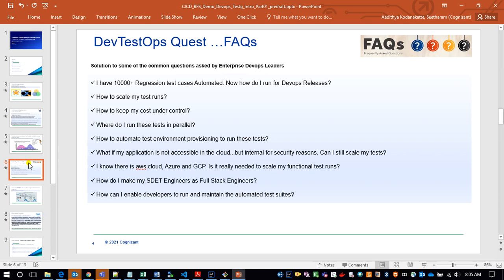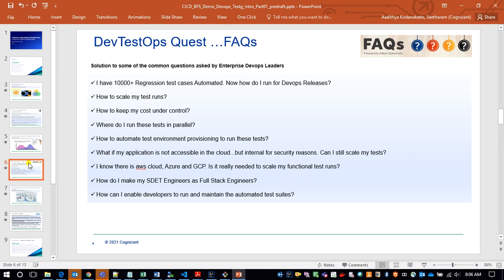The challenge they currently have is that for a particular release the window is very small, and within the test window they have to run a large number of automated tests. Otherwise, whatever they have automated is not giving them all the results. So they're not able to leverage automation in the release life cycle. Next, how do I scale my test runs?